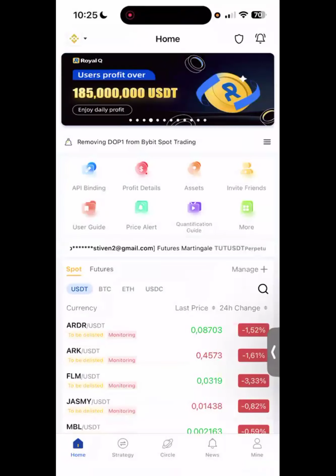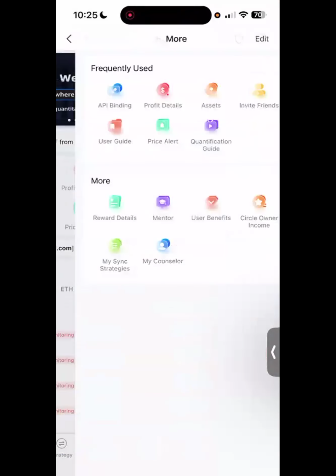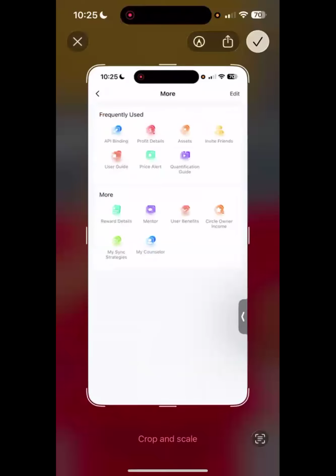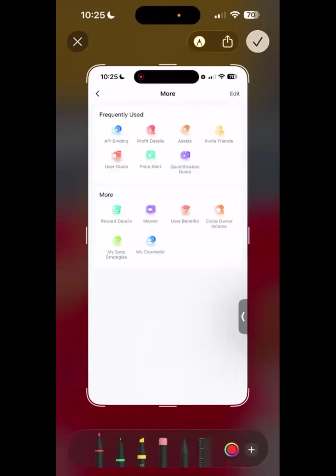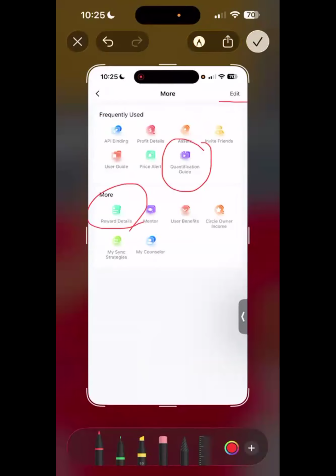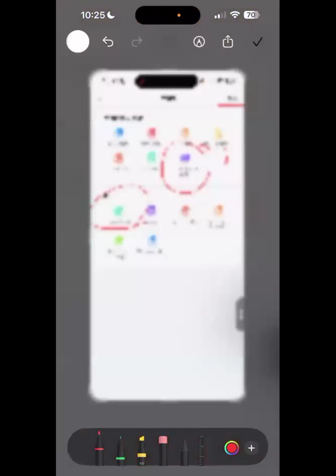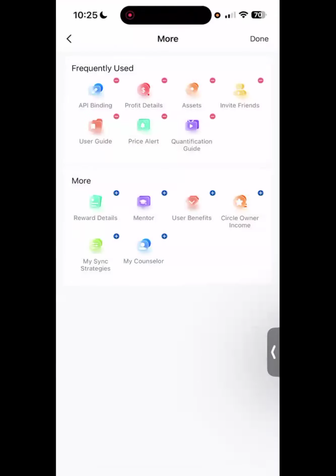Okay, let's move out of the quantification guide and go to more. Let's say you don't use the quantification guide most frequently. You use reward details. You tap on edit, then you see plus and minus. You just minus the ones you don't want and replace them by tapping on the plus of the ones you want to be seen. I hope that is clear.